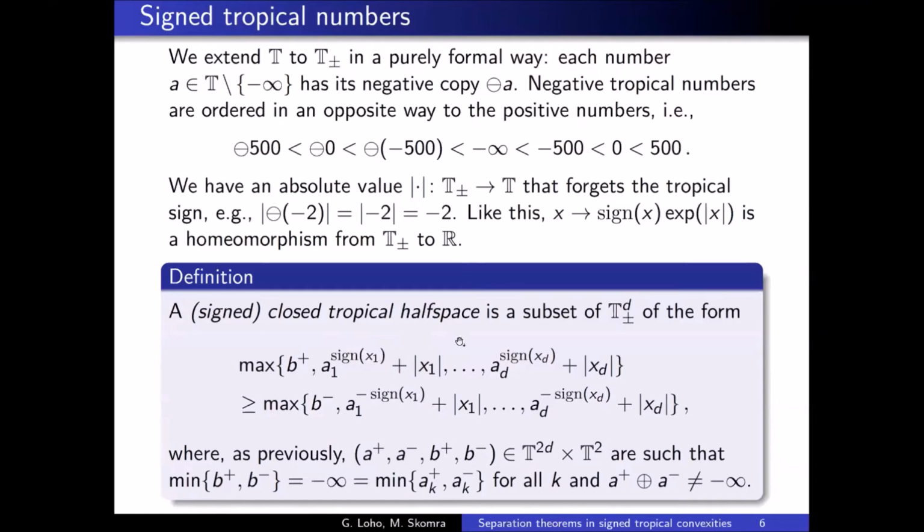And you do the same for all of the variables. You just swap the places. This term may sometimes be on the left-hand side and sometimes on the right-hand side, depending on the sign of your variable. You do this for all the variables. And this is how you extend the notion of a half space from non-negative tropical numbers to signed tropical numbers.